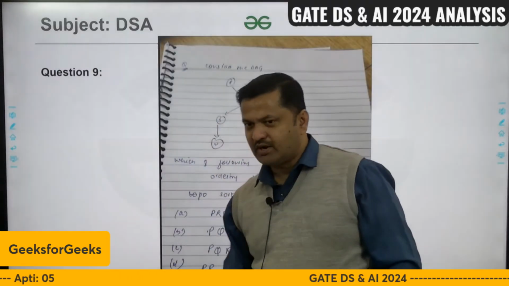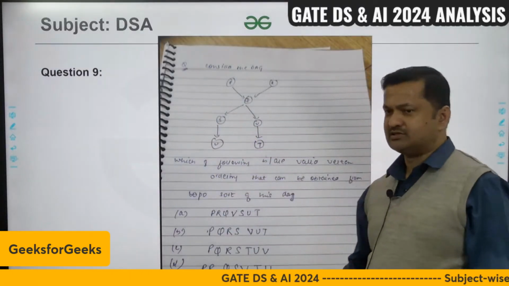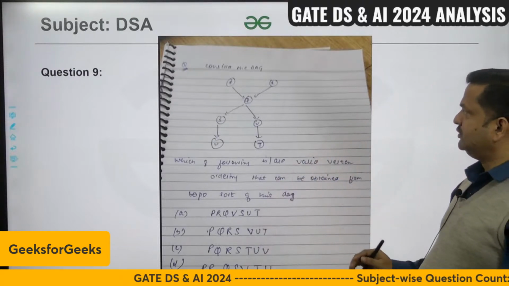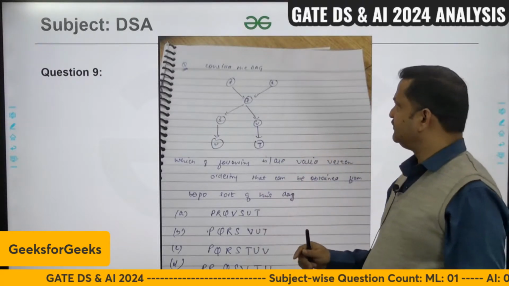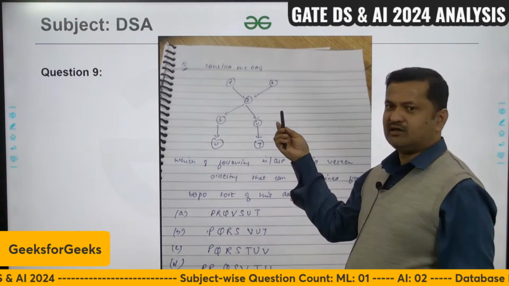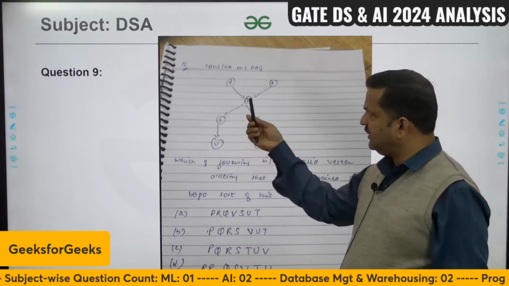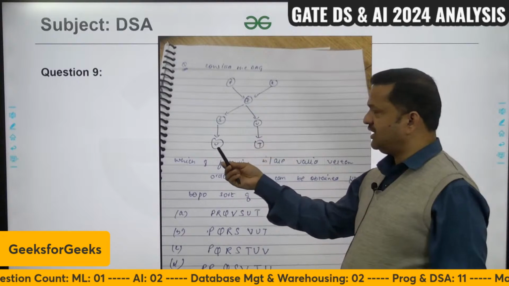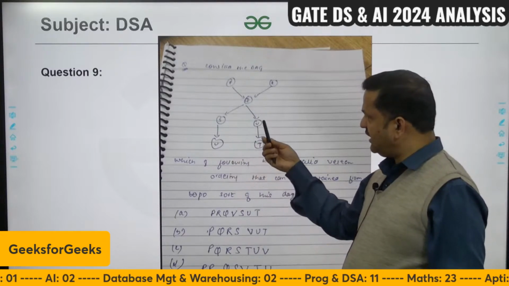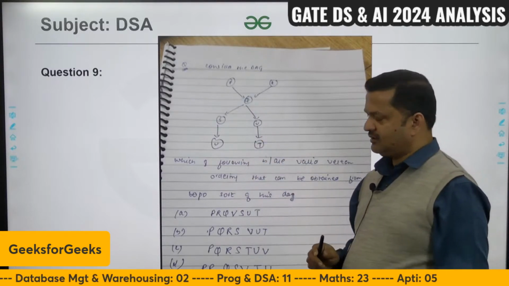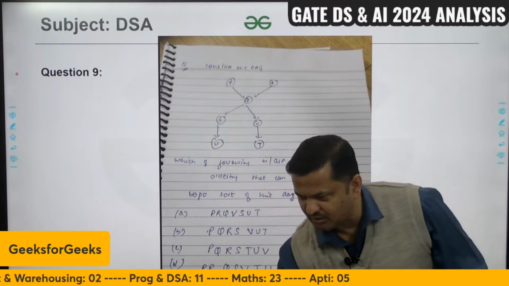All right, look at the next question. I guess this is somewhat blurry to you, so let me read it. This is a DAG, a directed acyclic graph, where P is connected to Q, R is connected to Q, Q is further connected to S and V, S is connected to U, and V is connected to T. Let me redraw it here for you.